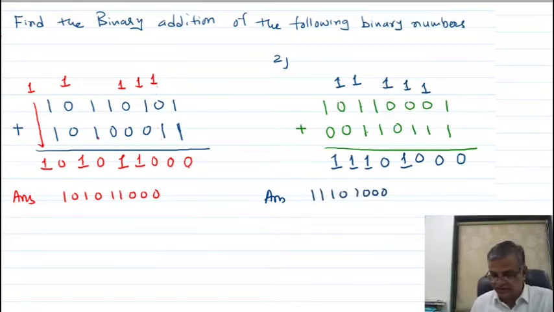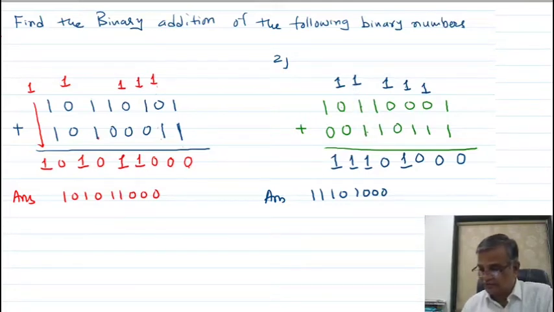Look here, again 1 plus 1, 0, and sum is 0 and carry 1. 1 plus 1, it is 0, carry 1. 1 plus 1, sum is 0 and carry 1. 1 plus 1, 0 and carry 1. Look here, I have done the addition: 1 plus 1 is 10, 10 plus 1 is 11.